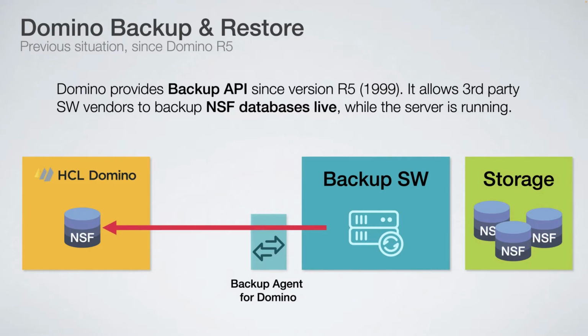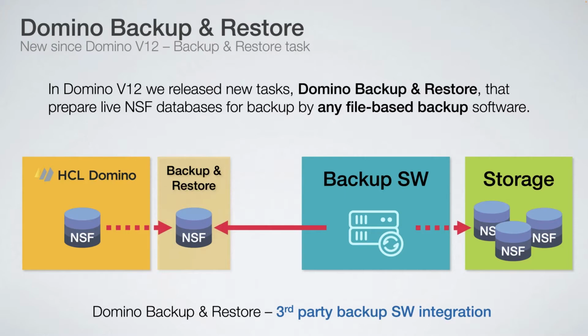It could back up consistently or it could not. That's why in version 12, we created a duo, a couple of processes called backup and restore, and those processes do the job instead of this backup agent.